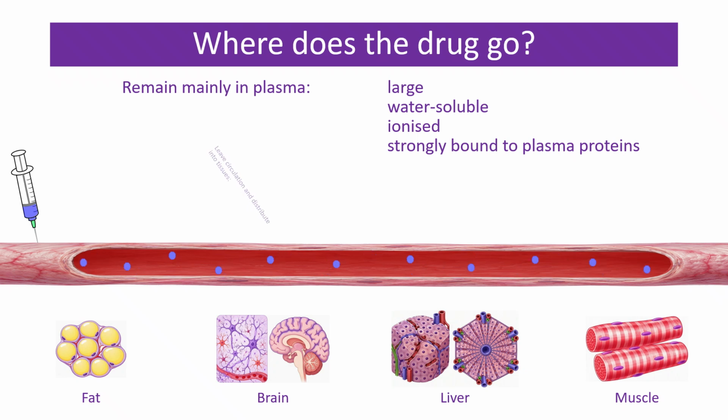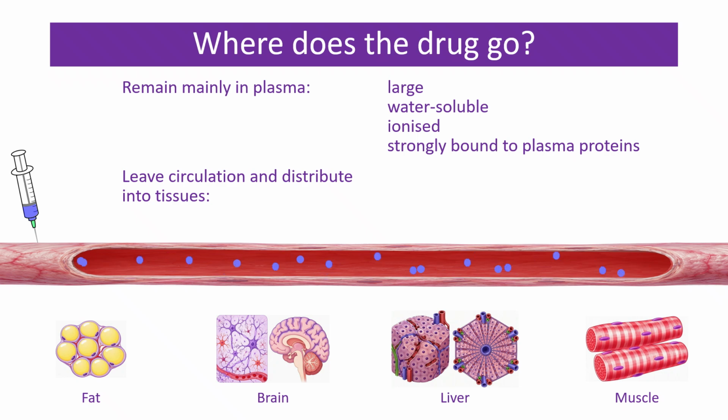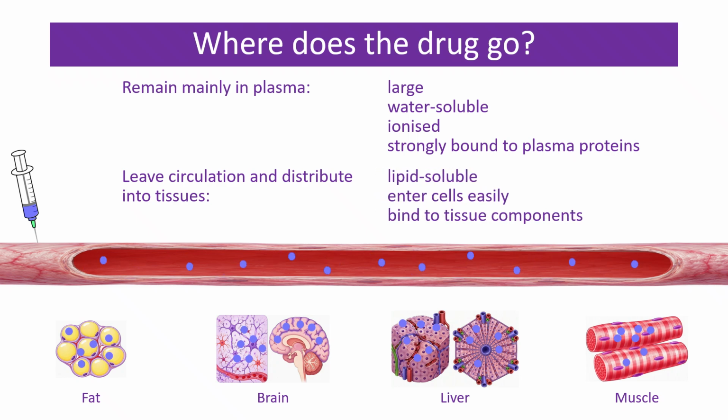Other drugs leave the circulation and distribute into tissues, particularly if they are lipid-soluble, enter cells easily, or bind to tissue components. Volume of distribution gives us a way to describe this balance between drug in the plasma and drug outside the plasma.